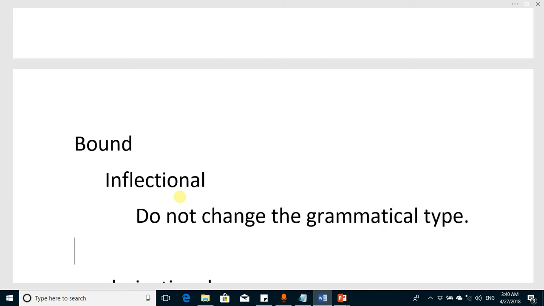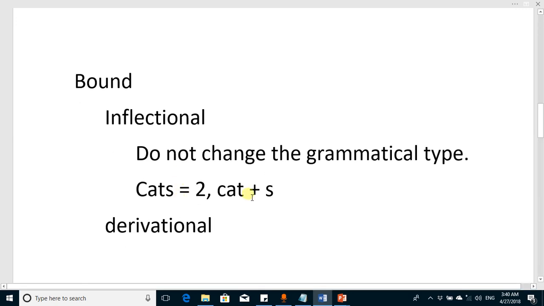For example, cat is a word, and cats is a word which has two morphemes, cat plus s. Now this s did not change the grammatical type. Cat was a noun, and cats is still a noun.